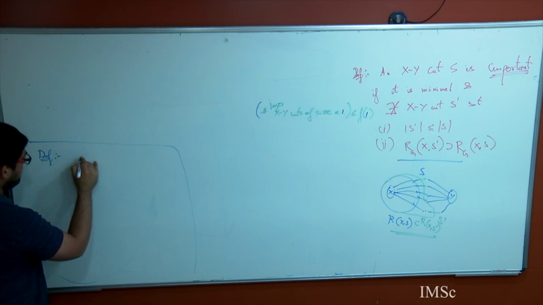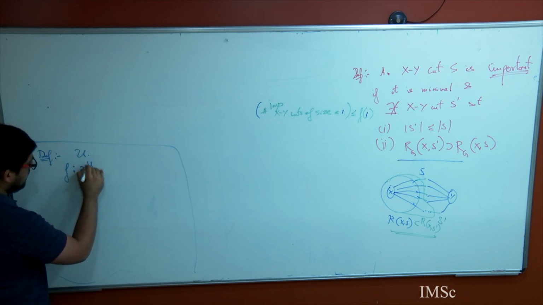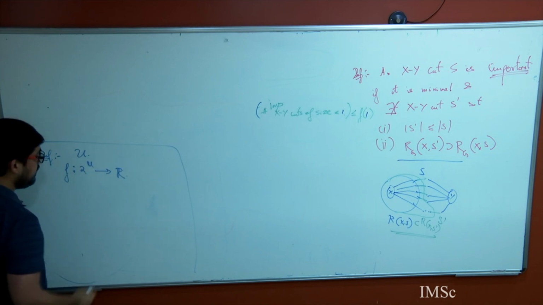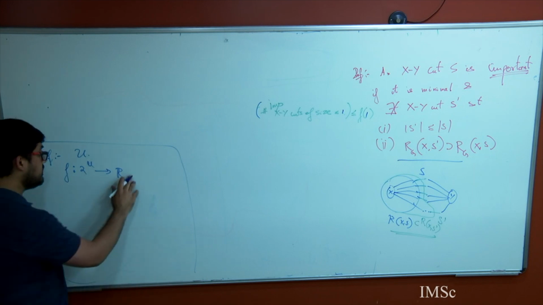Let's say I have a set system U, and a function over subsets of U to real numbers. We will just work with natural numbers.